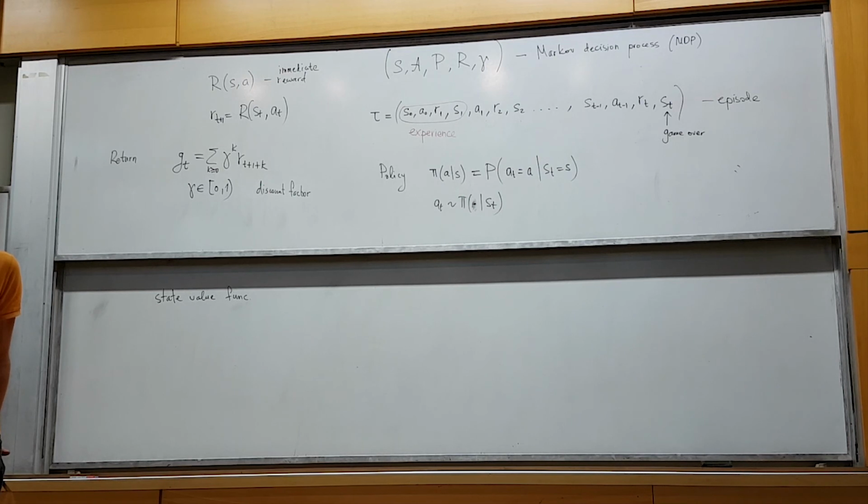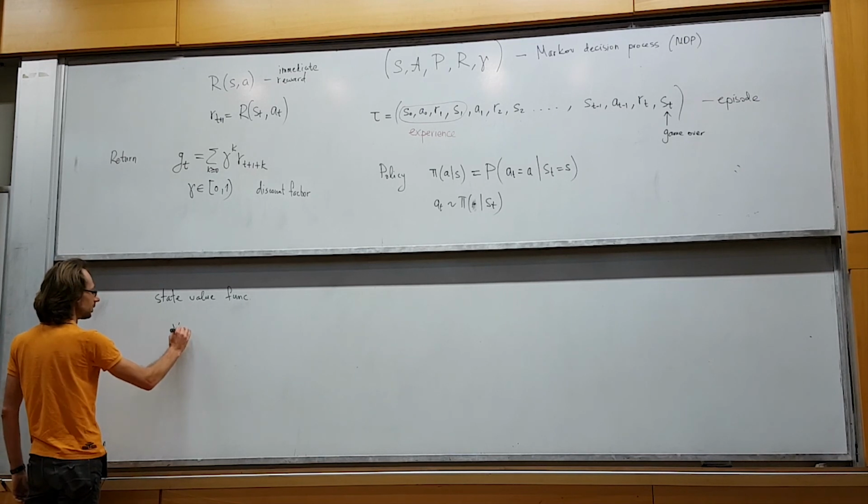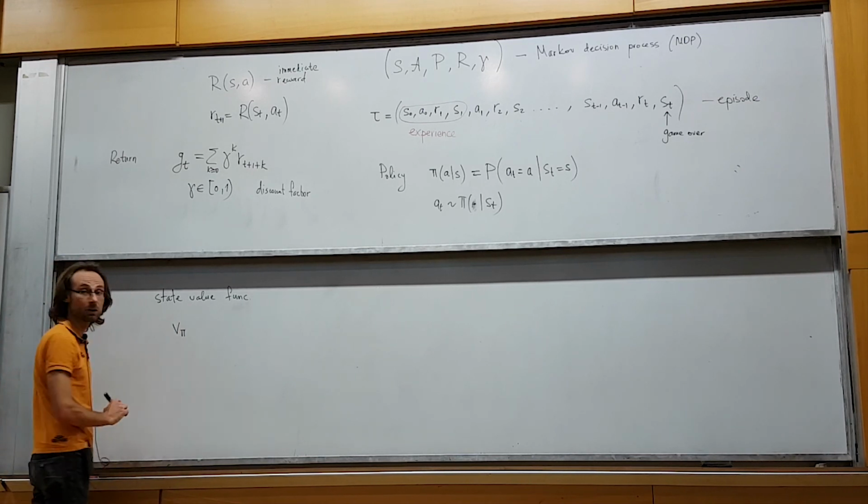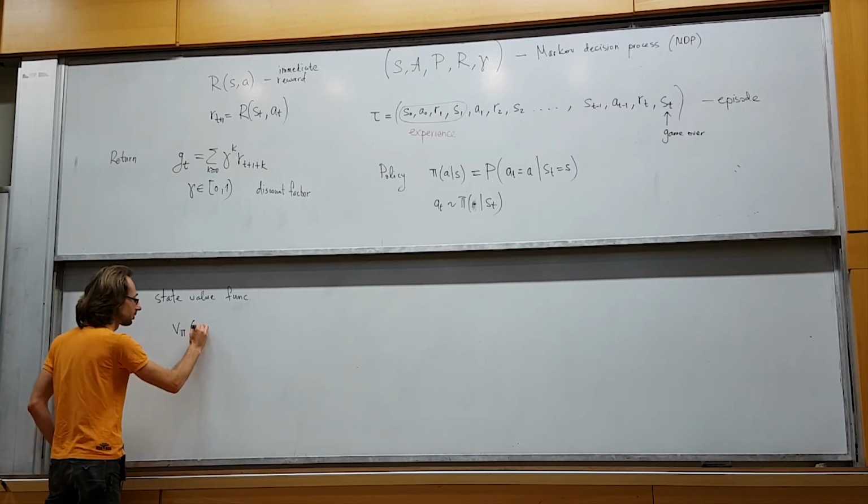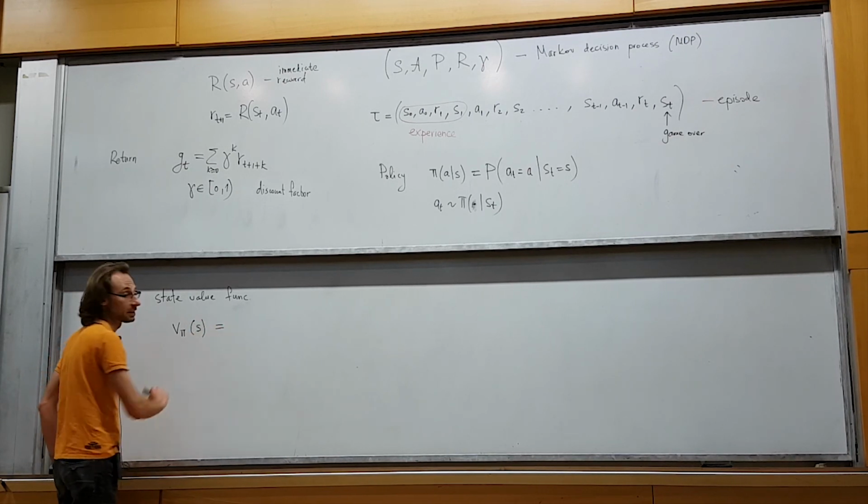If I start at a certain state S and then continue playing according to some policy pi. So it will be a function that I will be denoting by V, depending on the policy pi, obviously, and depending on the state with which I'm starting.